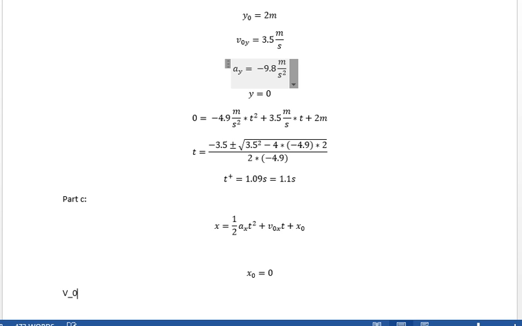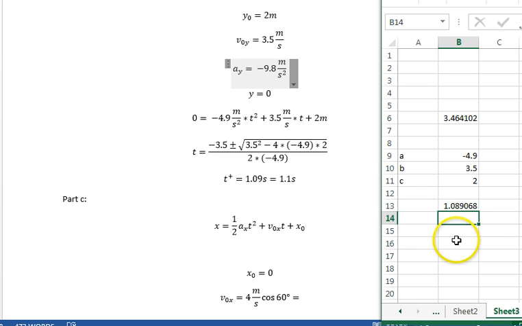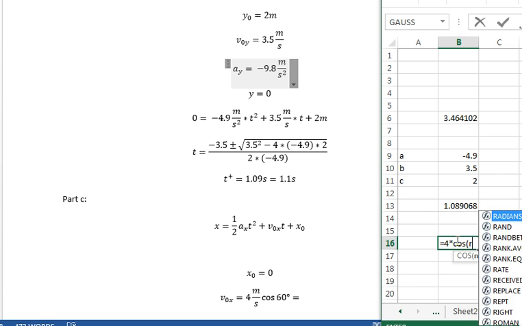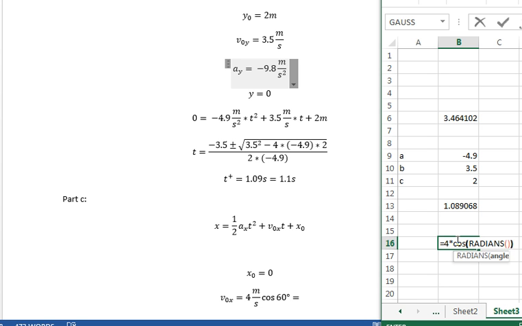V naught x is the 4 meters per second times the cosine of 60 degrees. All right, 4 meters per second times the cosine. Okay, this is where we get my 2 equals 4 times the cosine of the radians of 60 degrees is 2 meters per second.